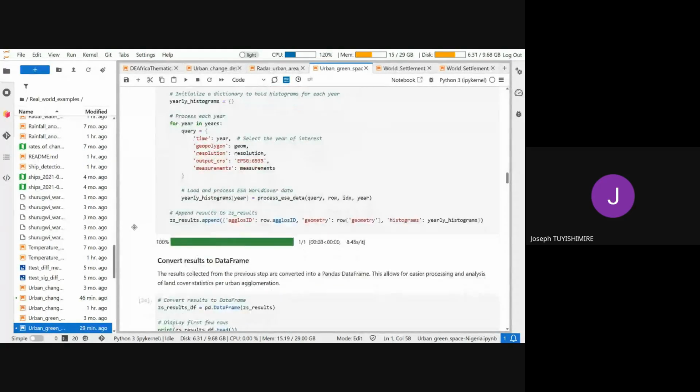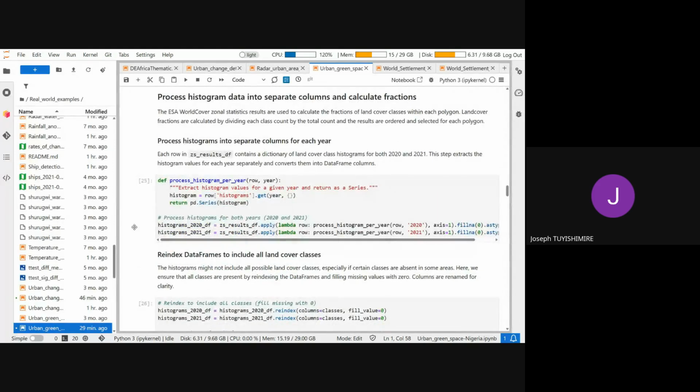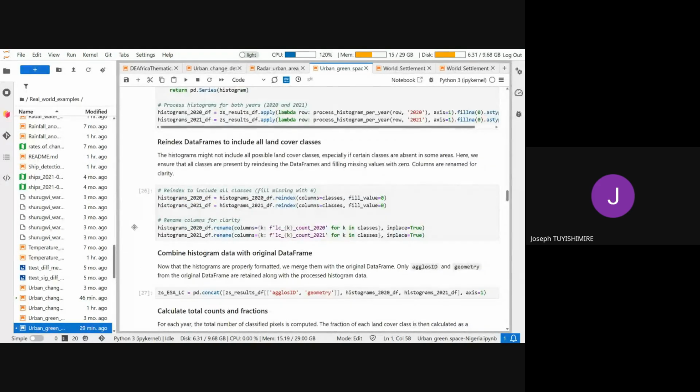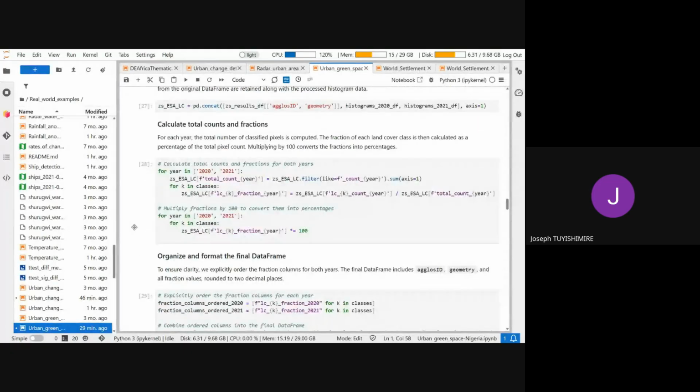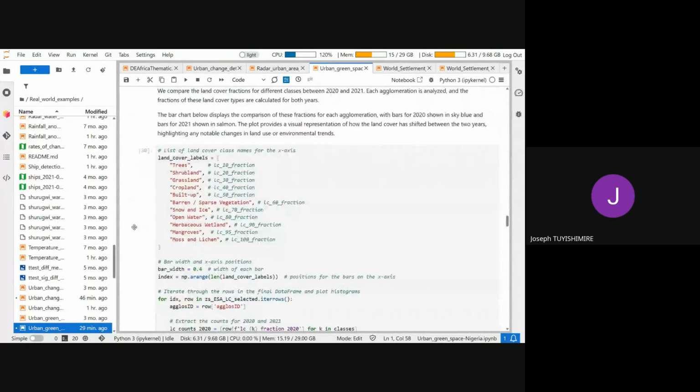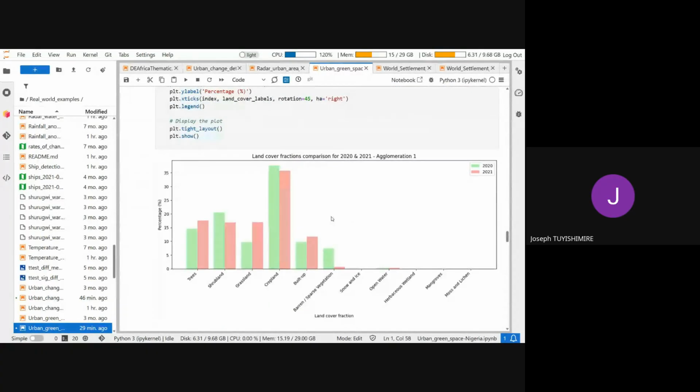Most importantly, what went into every step was comparing 2020 and 2021. We get the dynamics of each class. So you can see the built-up surface went even outside the city. And here is the tree cover, which was increasing over time.